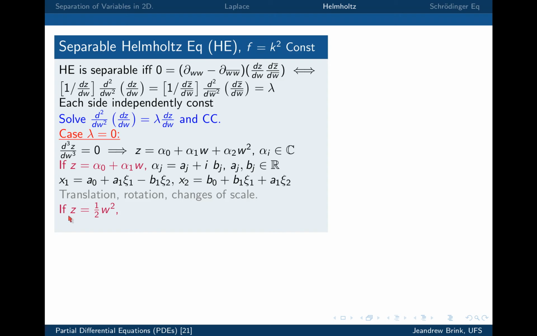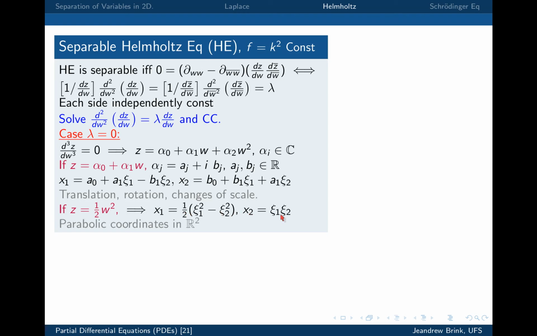Let's look at the example where z equals 1/2 w squared. If we do the same thing, we now have that x1, which is the real part in the new coordinates, is basically xi1 squared minus xi2 squared, and x2 is equal to xi1 xi2.